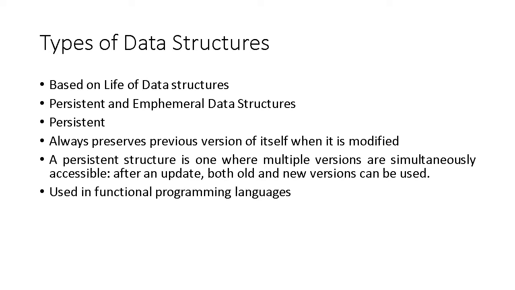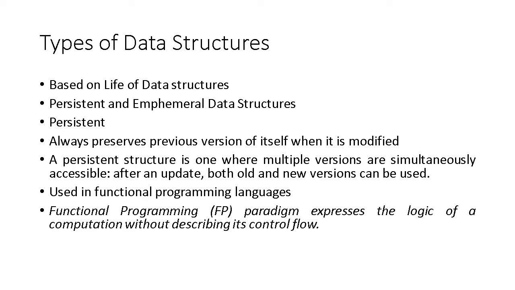These types of data structures are normally used in functional programming languages. Functional programming languages are based on the functional programming paradigm, which basically evolved from the lambda calculus. They are very much mathematical.